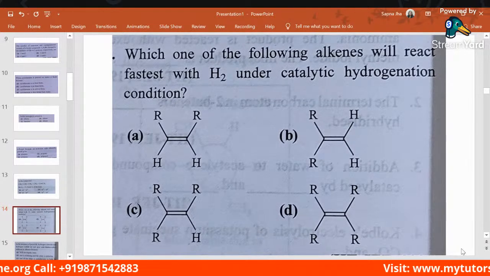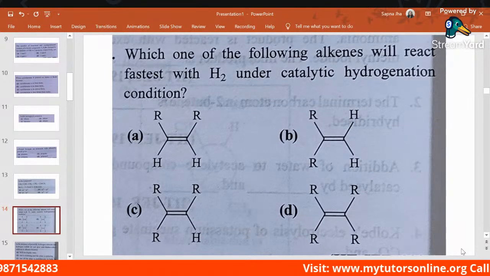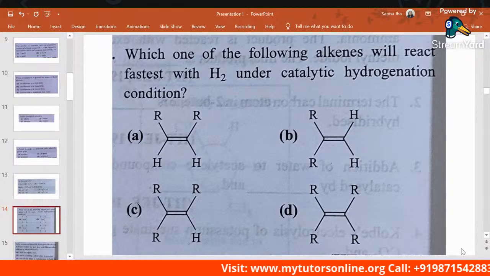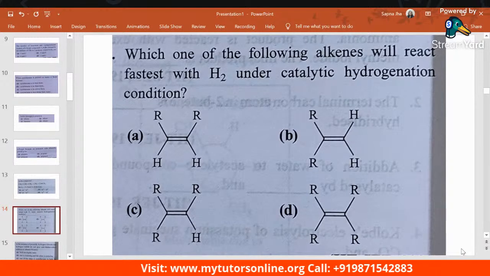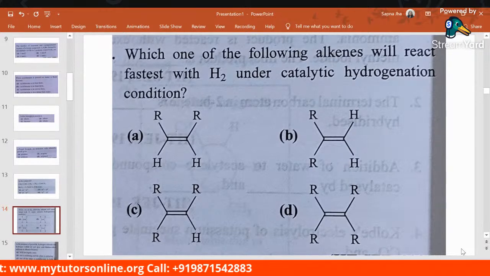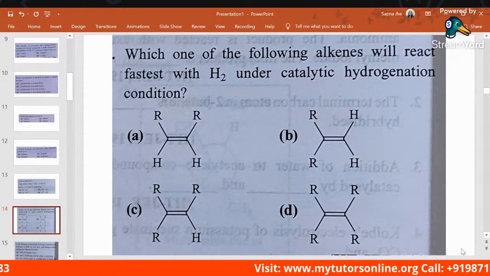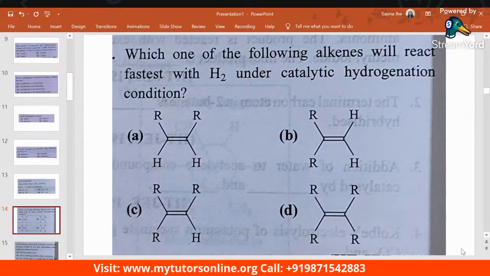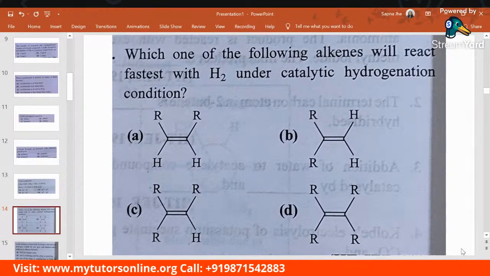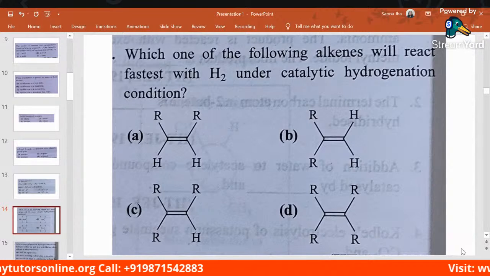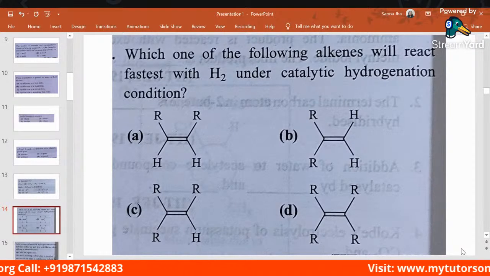Think fast, think smart, also think logically. You have to just figure out about the relative rate of hydrogenation of alkenes. What happens to the hydrogenation of alkenes with the increase in the steric hindrance?